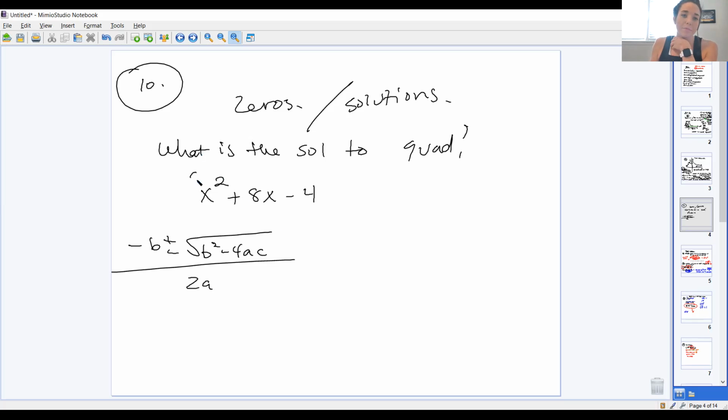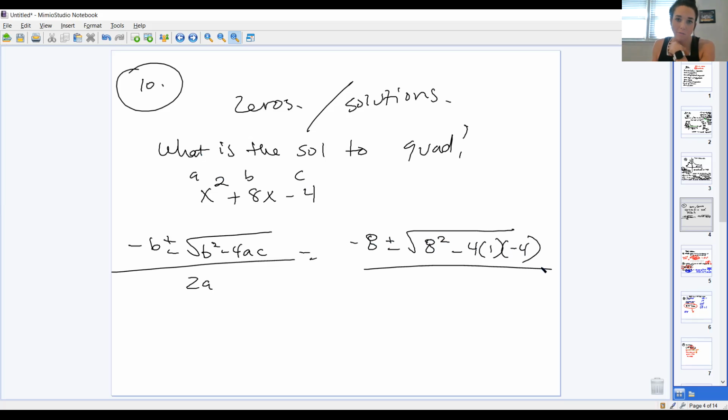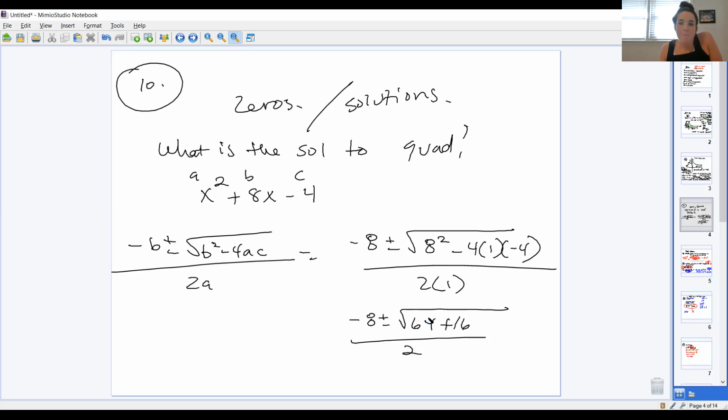So now I'm going to plug in. So this is A, B, and C. So I'm going to have -8 plus or minus the square root of 8 squared minus 4 times 1 times -4, all over 2 times 1. Okay, so I've got -8 stuck on the outside. 8 squared is going to give me 64. -4 times -4 times 1 is going to give me +16, divided by 2. I'm going to simplify what's underneath this radical, and that's going to give me negative 8 plus or minus the square root of 80 divided by 2.